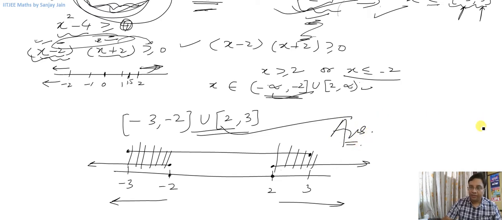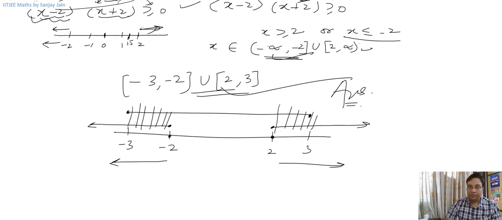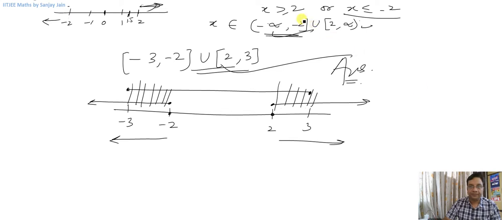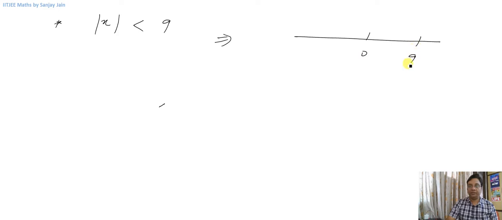Okay, now let us take some more questions. Let us take some random questions just to understand this topic better. Let us say I've got mod x less than 9. So what it means is I am looking for a real number which is at a distance less than 9 units from 0.